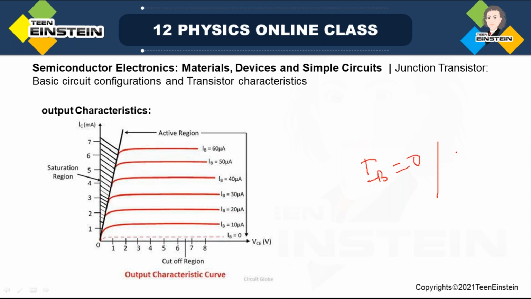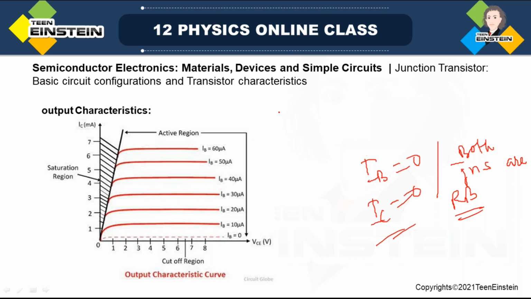That means both junctions are reverse biased under this condition. When both the junctions are reverse biased, you get no current. So IB equal to 0 means IC equal to 0, no current. This is called the cutoff region.